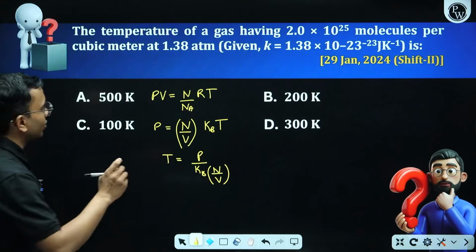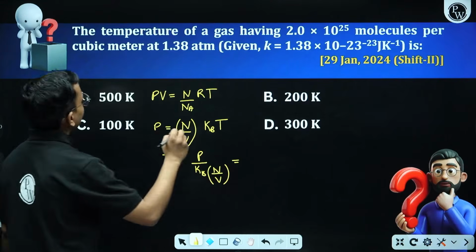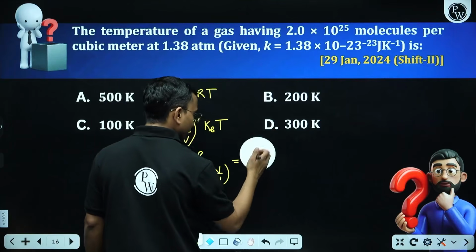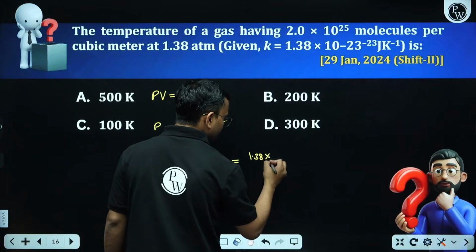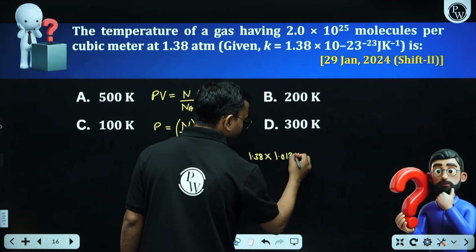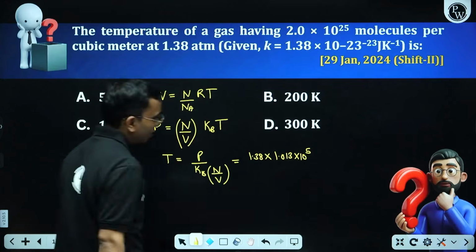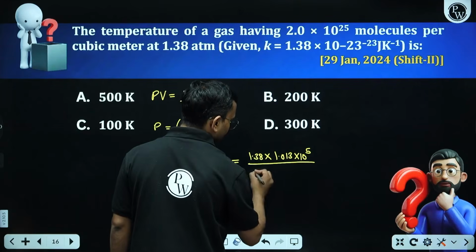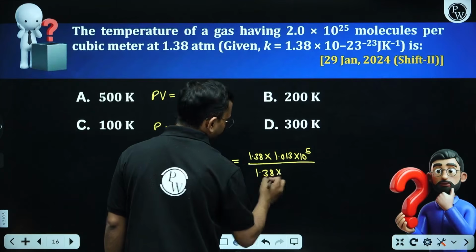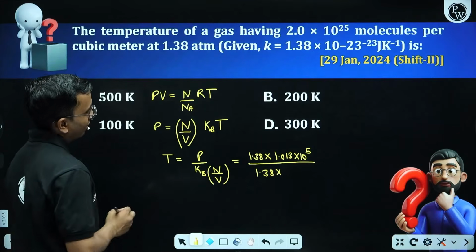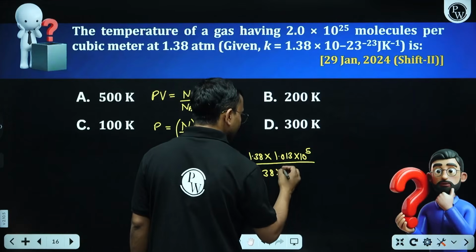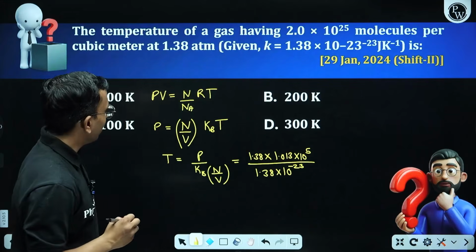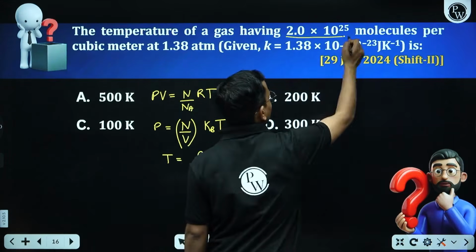Now put the values. What is the pressure? Pressure is basically 1.3 atmosphere, so 1.3 into 1.013 into 10 to the power 5 Pascal. This is how I write 1 atm. Divided by Boltzmann constant, which is 1.38 into 10 to the power minus 23, into N by V. What is that? 2 into 10 to the power 25.